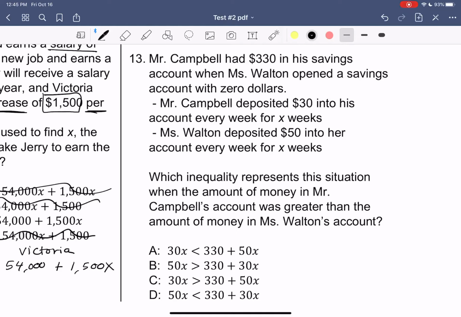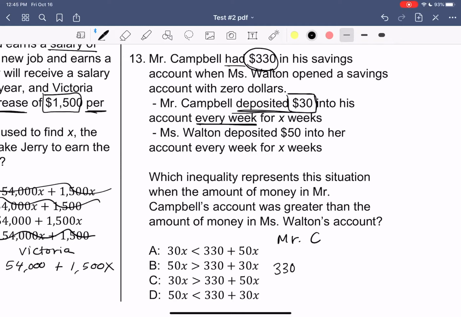So let's first go in and break this down. So Mr. Campbell had $330. So I'm going to go, Mr. C had $330. So Mr. Campbell deposited $30 into his account every week.